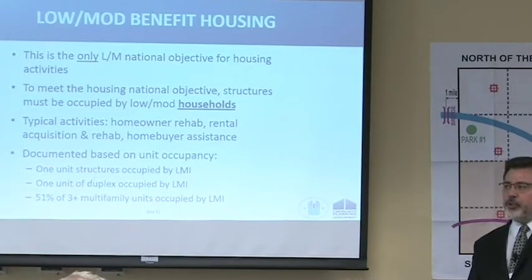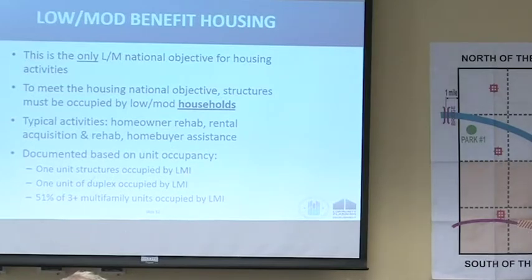If you're doing 2 units, one of the 2 must be occupied by a low and moderate income household. If you're doing more than 3, then 51% of the units must be occupied by a low and moderate income household, okay? So the only exception of the at least 51% is really 2, at which point one of the 2 must be, okay? Pretty clear?